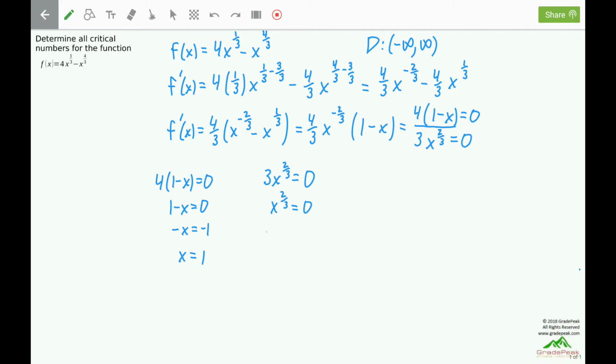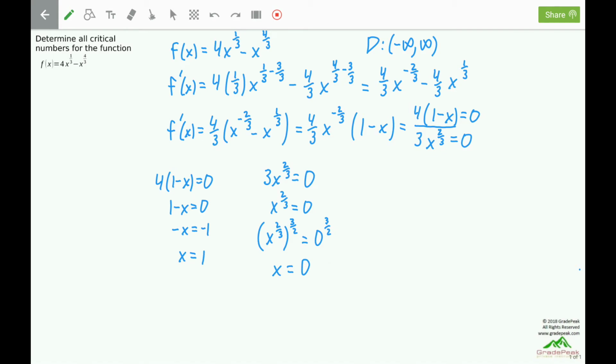And now we can raise both sides to the reciprocal, so 3/2 power. Because 2/3 times 3/2 is 6/6, or 1, and that will turn the left side into x to the first power. On the right side, 0 raised to any power is 0.